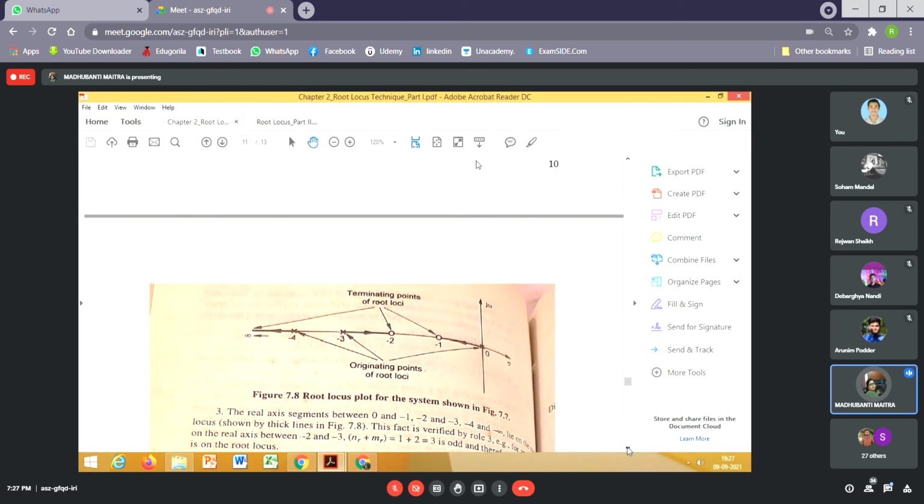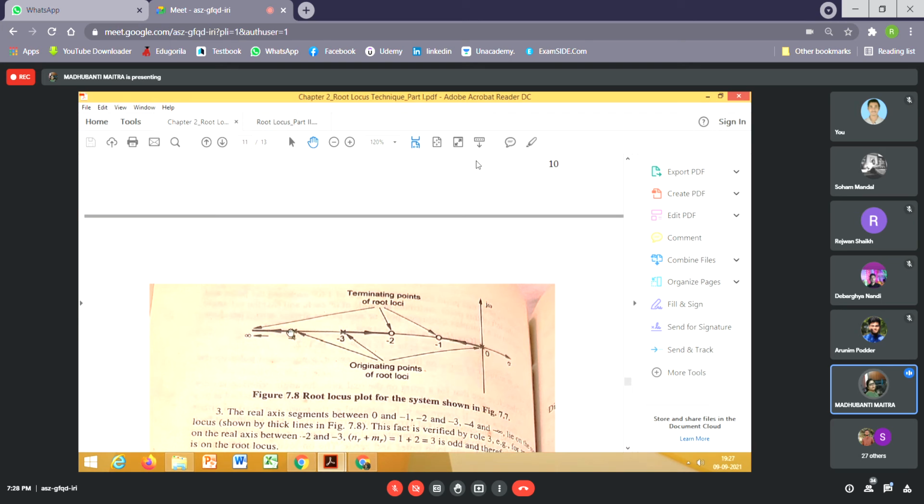So what are the locations of the open loop poles? One at s equal to 0, the others at minus 3 and minus 4. With a cross, you should denote the presence of an open loop pole, and with a small circle, open loop zeros.